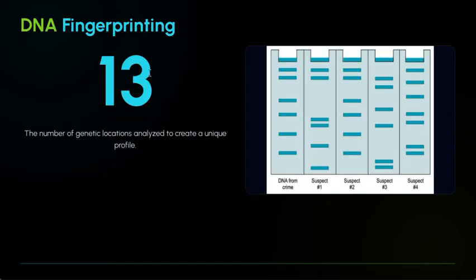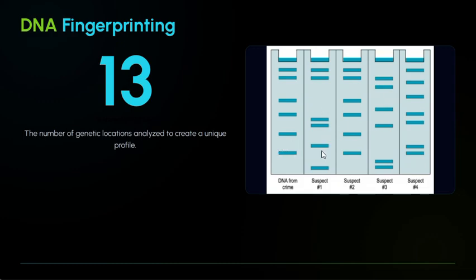Also, we have DNA fingerprinting, as you can see here. The number of genetic locations analyzed creates a unique profile. So this is how the police match suspects with DNA from a crime scene. So the first step, this is good for AP Biology too, but you go here and then you look to the right to see which one matches the most with all of these, and then which one matches the closest.